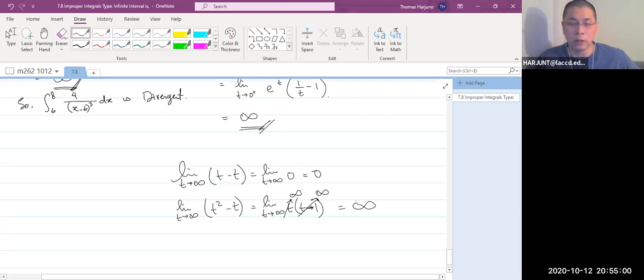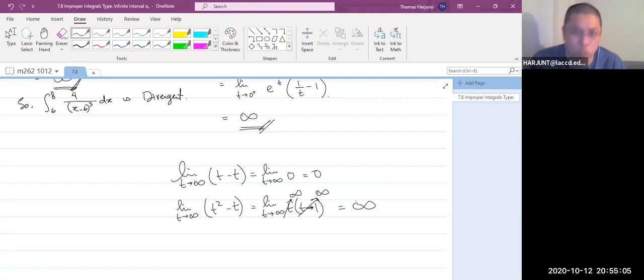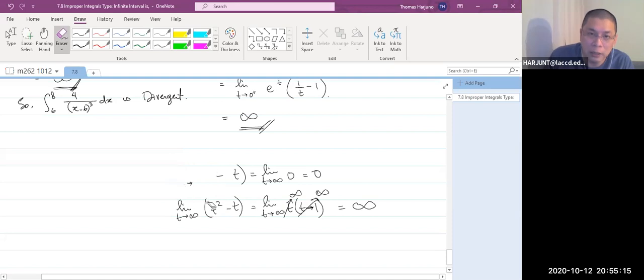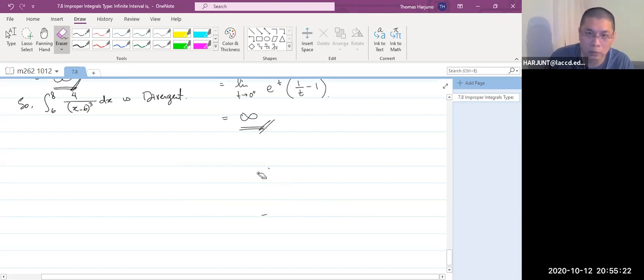That's the correct way. You cannot plug in infinity first and then subtract them. Adding to infinity will be infinity. Infinity times infinity will be infinity. But infinity divided by infinity is not infinity, and it's not 1. It can be anything in between.